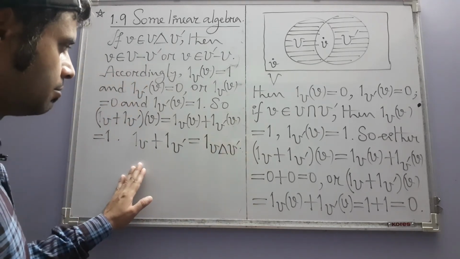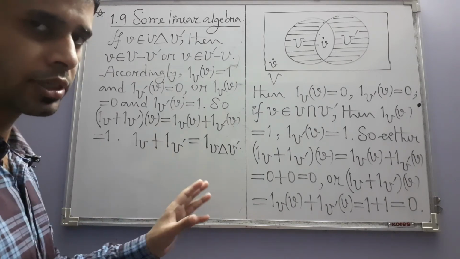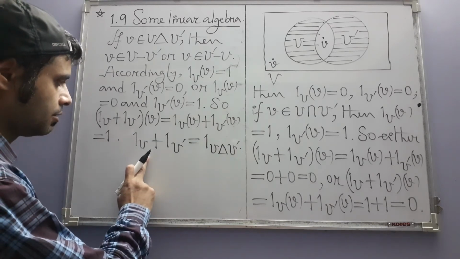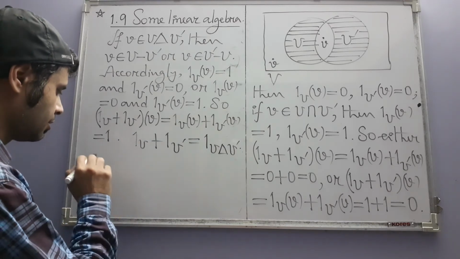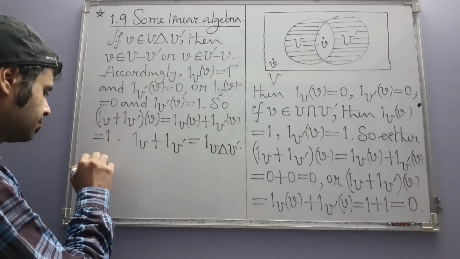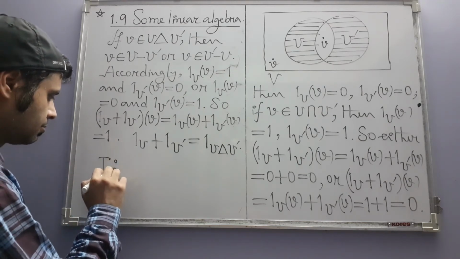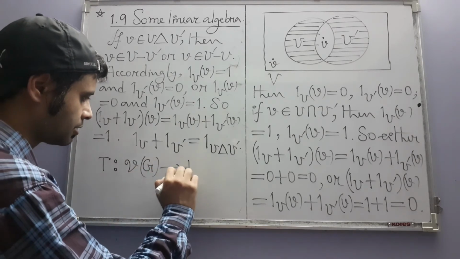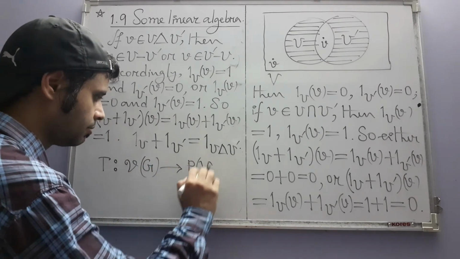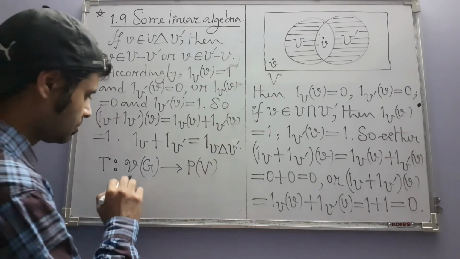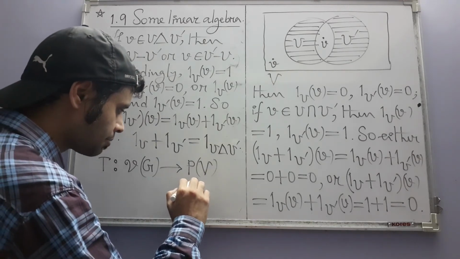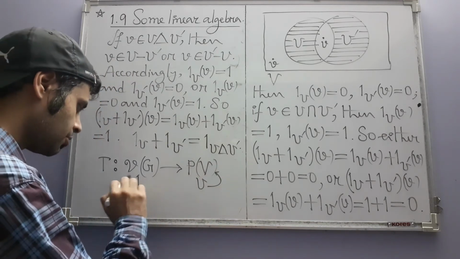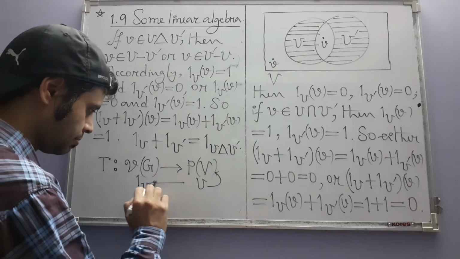And if you look a little more carefully, it just tells us that that correspondence T which we have between our vector space and the power set of V, which makes any subset U or any element in P of V correspond to its indicator function.